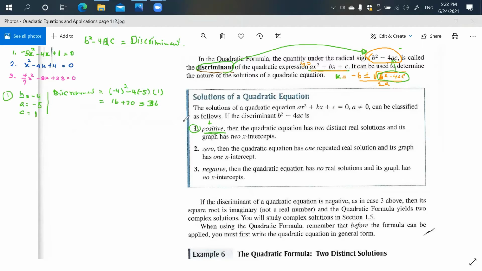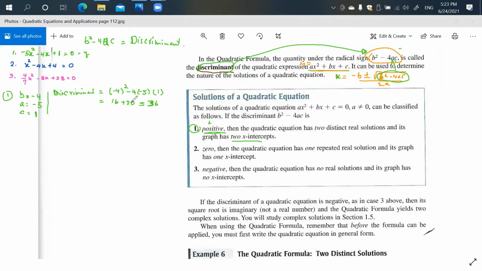So in this case, that means we're going to have real solutions for x, or x-intercepts. We have 2 points. This one only finds the discriminant. If you want to find where the x-intercept is, you have to take the equation, which in general gives you equal to y, and then you can find the x-intercept and y-intercept.